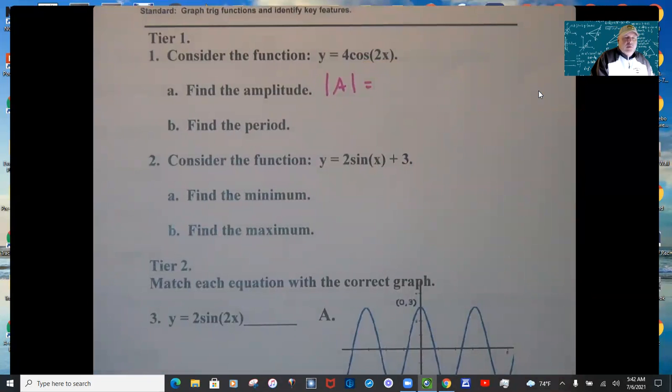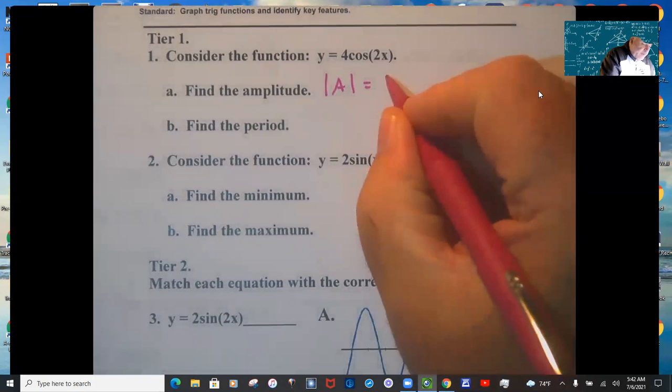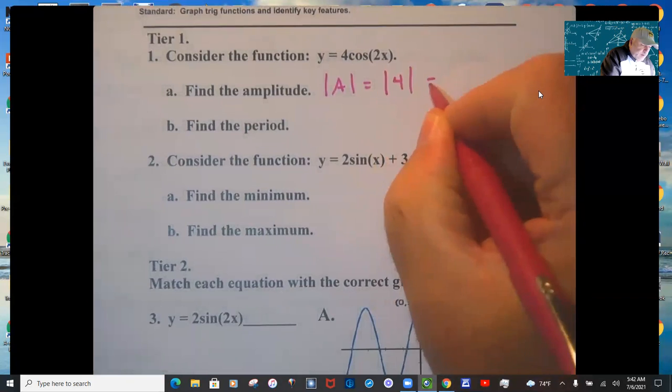H and K will be 0 on the particular functions that we study. For the most part, on number 2, K is 3, but the rest of the way, H is 0 and K is 0. So absolute value of A, absolute value of 4.